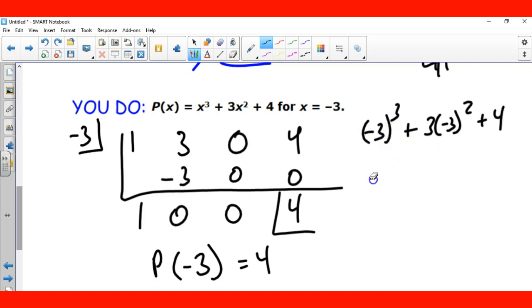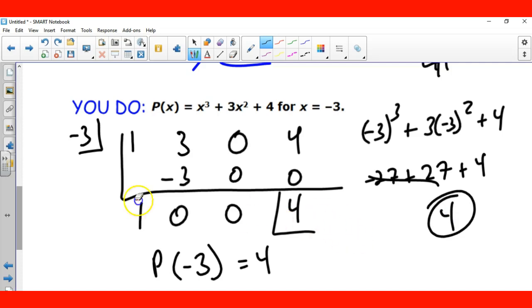So -3 cubed is -27. -3 squared is 9. 9 times 3 is going to be 27. And then you have plus 4. But -27 plus 27 is 0. Plus 4 is 4. So just checking myself.